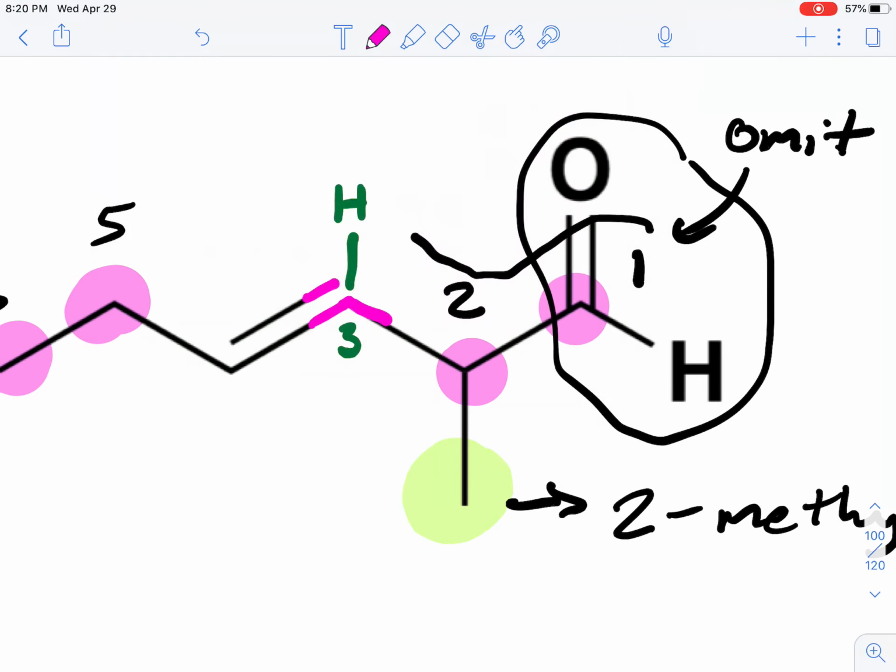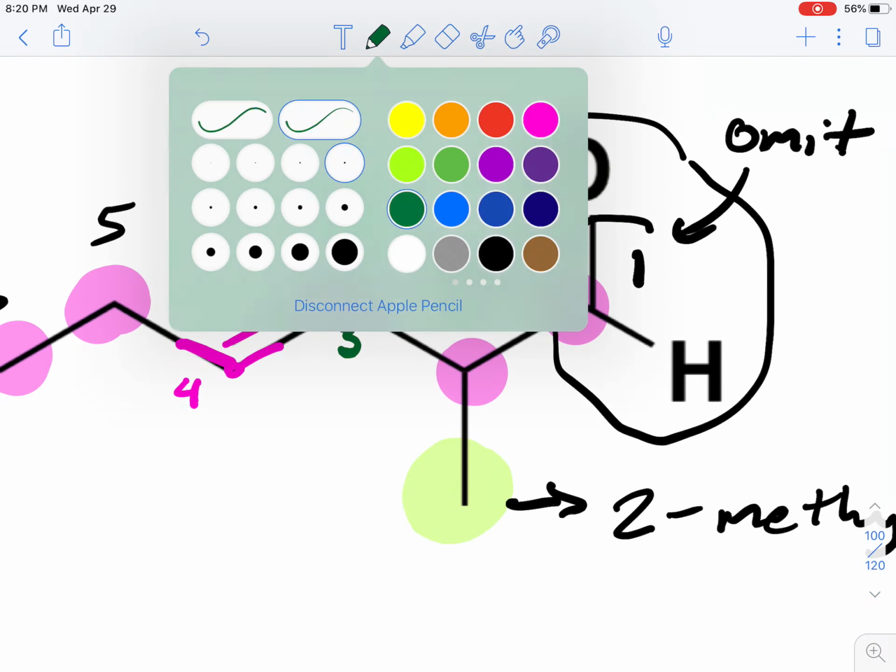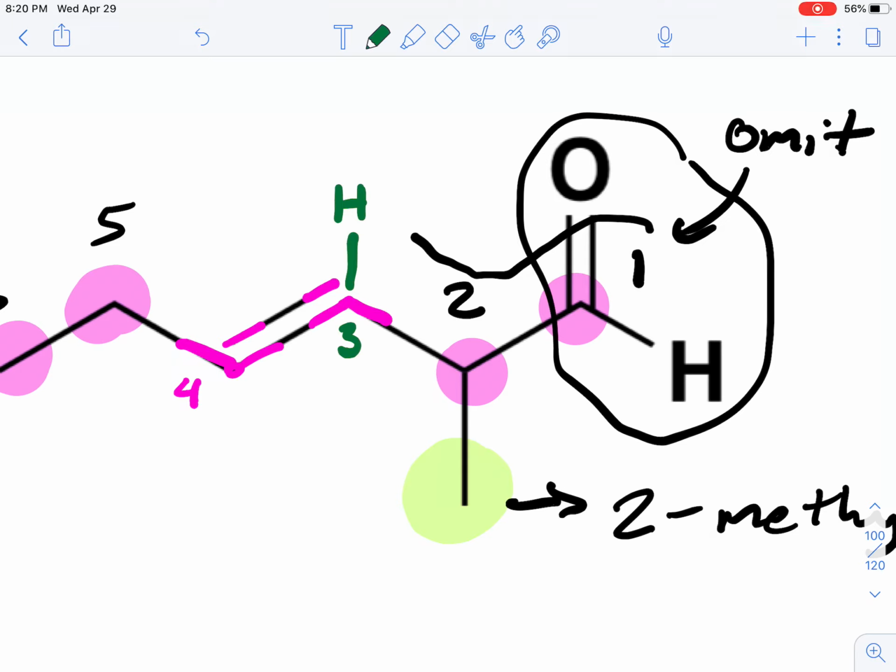Now, if I look at carbon number 4, I have 1, 2, 3 bonds on carbon 4. And so for carbon 4 to fulfill its octet, it needs one more bond. And the element that's going to fill in that bond is going to be hydrogen. And so it looks like on this double bond, we have a hydrogen on carbon 3 and carbon 4.